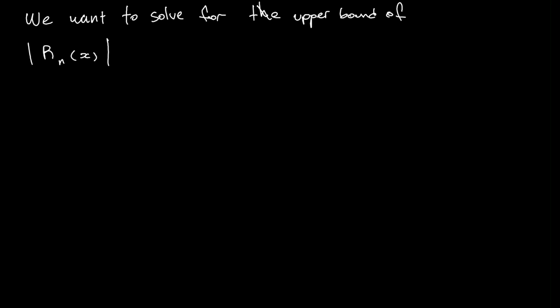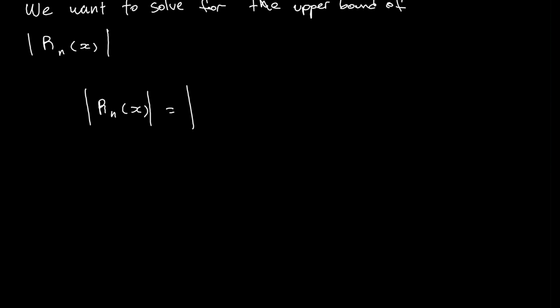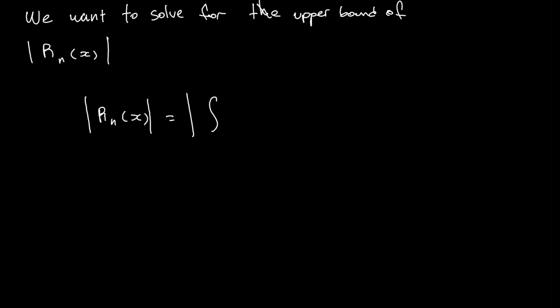Right before, we just found that R n of x is going to equal this giant integral, from x naught to x of x minus t to the n over n factorial times the n plus 1 derivative of f at t dt.